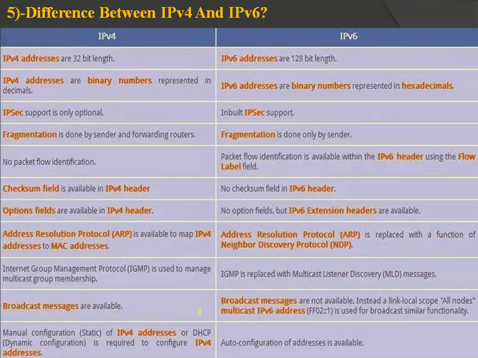IP version 4 is represented in decimal numbers, and IPv6 is represented in hexadecimal. IPv6 is more secure than IPv4 because of its length and hexadecimal numbers. Here are some of the other points that differentiate IPv4 from IPv6.